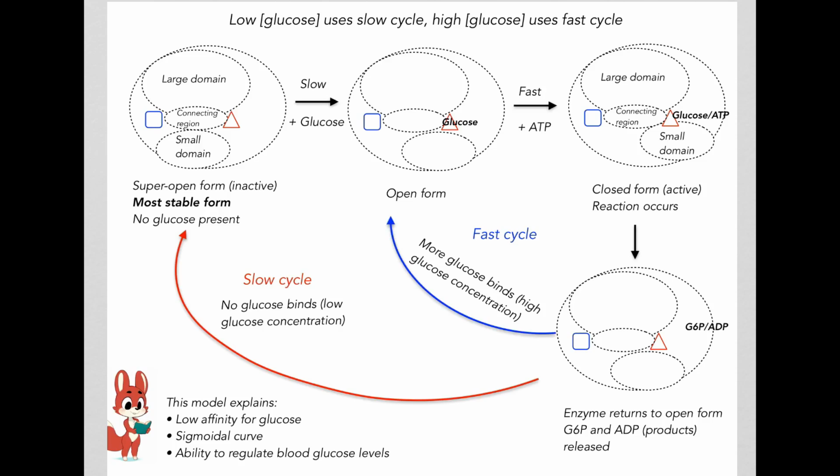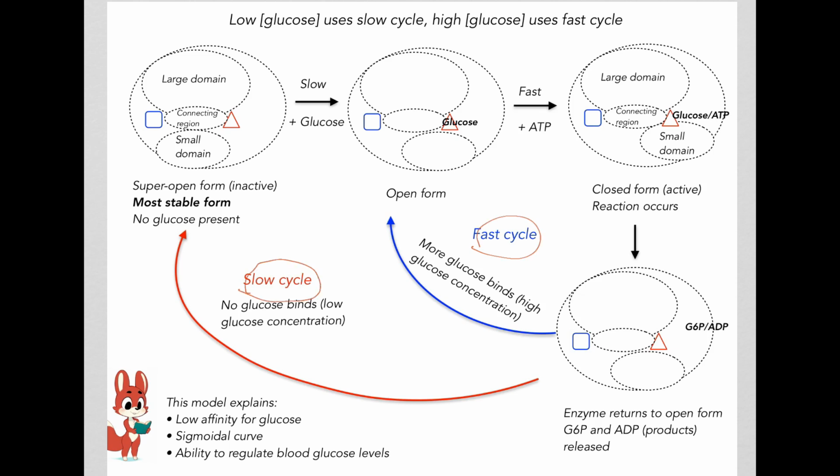However, when there is very little glucose or no glucose available, then this open form of this enzyme will go back to the most stable form, which is the inactive super open form. This is called the slow cycle, because for this form to be active again, it goes through the slow step.